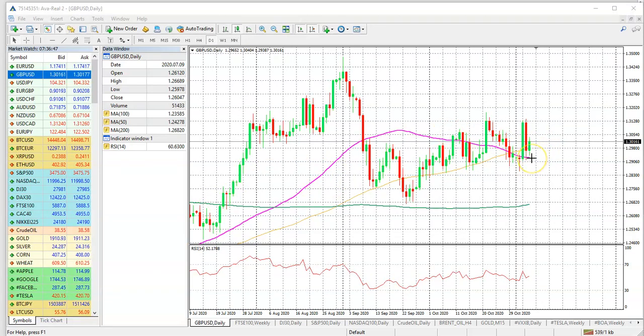What you can do in those cases is put your stop loss just under the 50-day simple moving average, or you can put your stop loss just under the 100-day simple moving average, either one of them, depending on your risk appetite, and then you can start looking for a trade to the upside. So you can go up and then put your stop loss just below the 100-day simple moving average and then let this trade run.